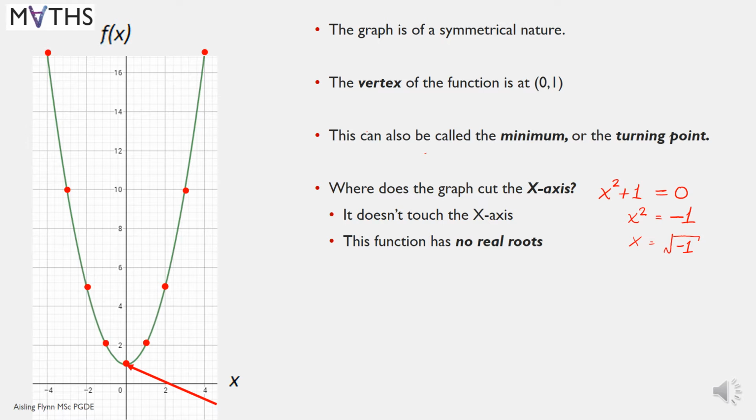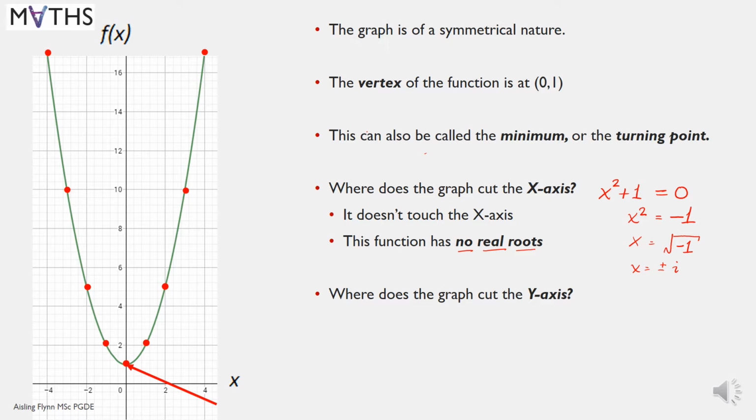So therefore we have no real roots. We learned that the square root of minus 1 is i, so x is equal to plus or minus i. Okay, so there are no real roots. We cannot see them on the graph. The function does not cross over the x-axis.